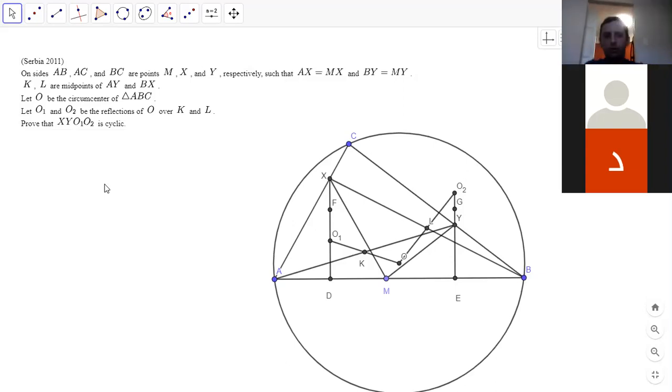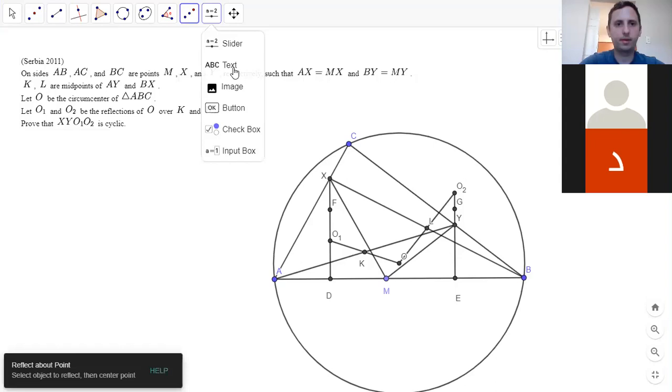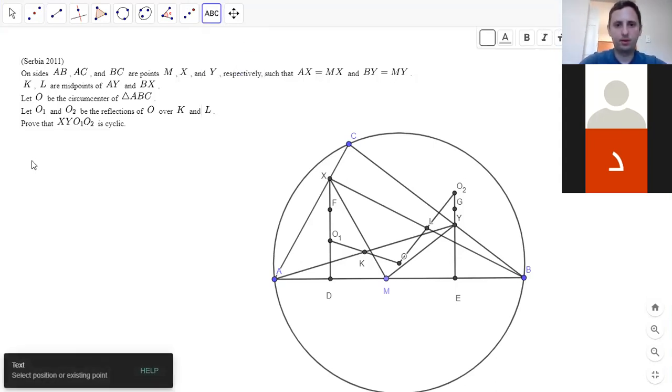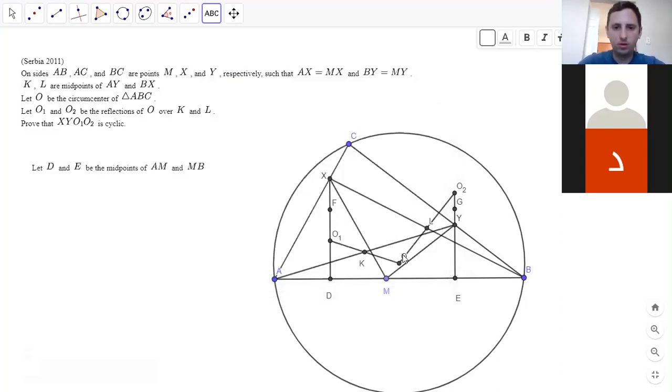so first, we want to show XO1, and so let B and E be the midpoints of AN and MB. And it might be good to draw the midpoint of AB.